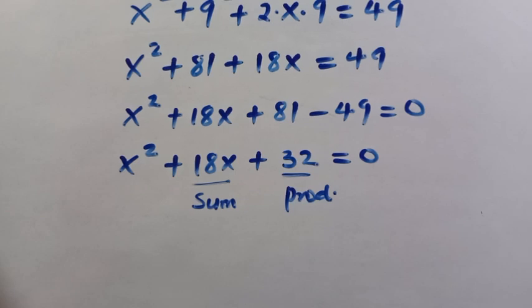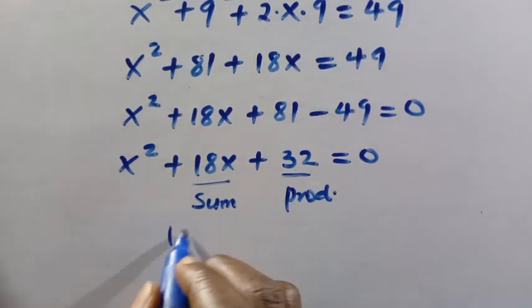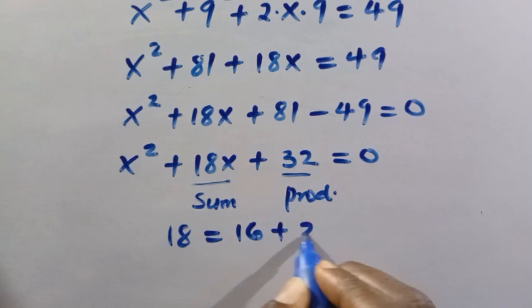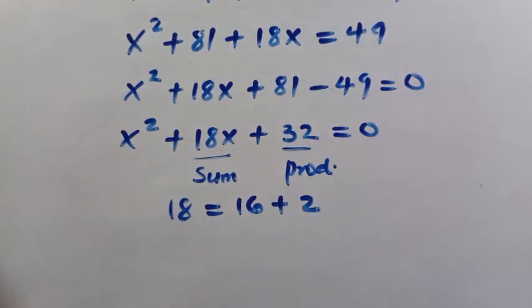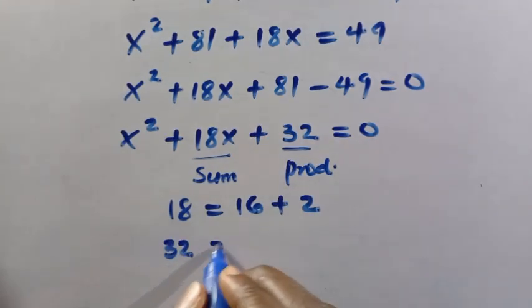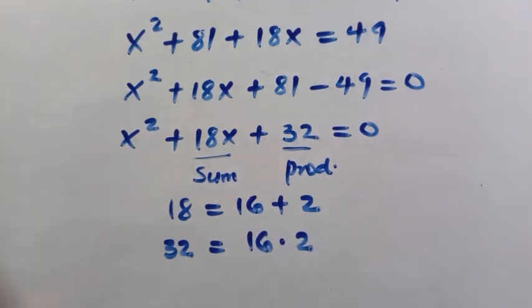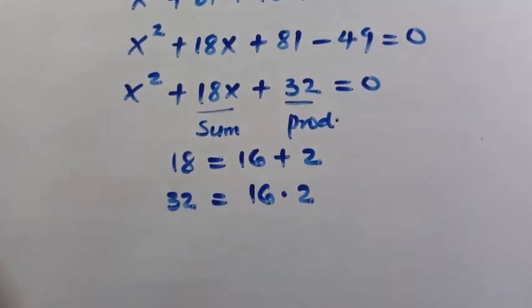So we look for two numbers. We have 18 equals 16 plus 2, and we have 32 which equals 16 multiplied by 2. So I think these two work.